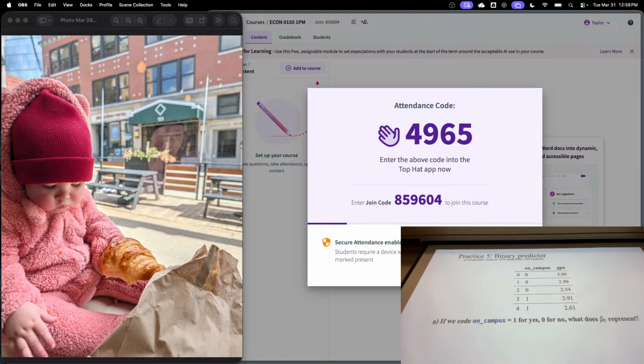Okay, someone want to tell me what beta 0 is representing in this case? Should be the average GPA for people off campus. Nice. So we're coding off campus as 0. So the intercept term at 0 is the average for the 0 group. Yeah, nice. Any questions here?